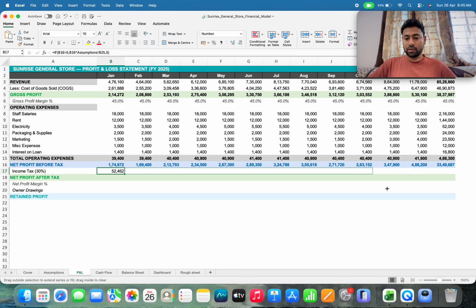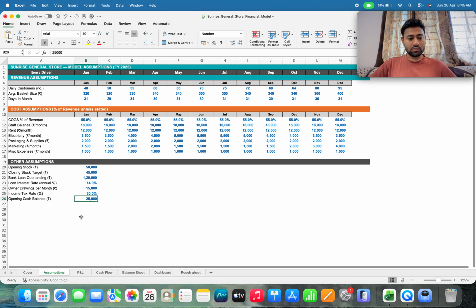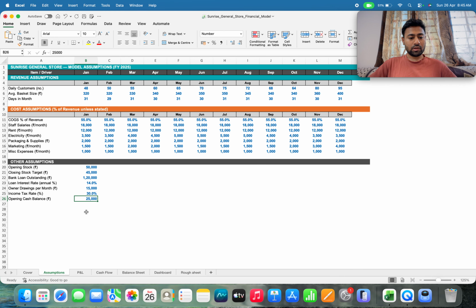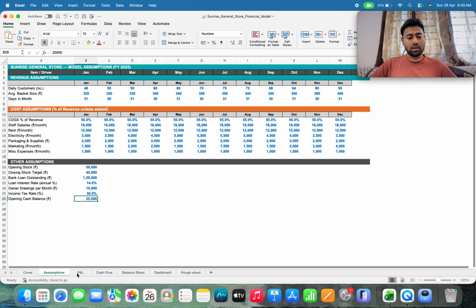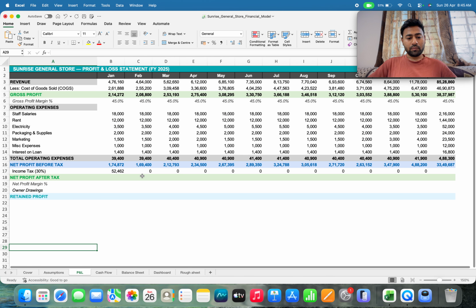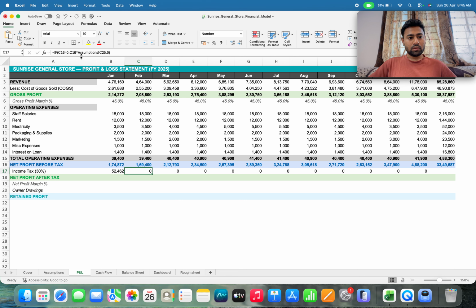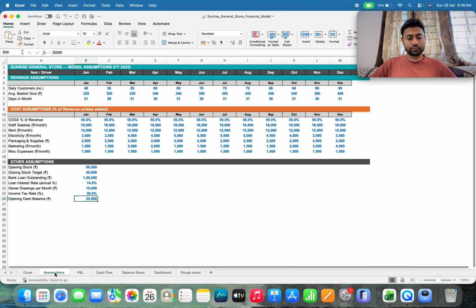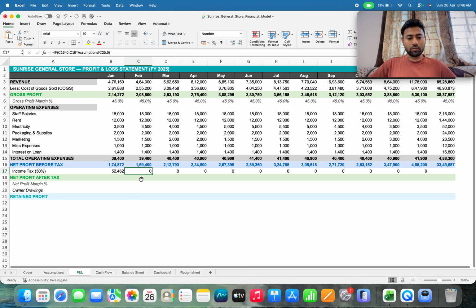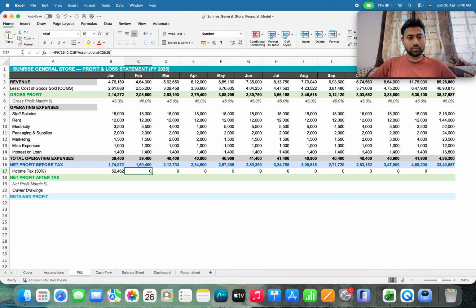We will simply drag it from here. Also we can see from the assumption sheet that the tax rate is 30%. The same we have put here, 30% from the assumption sheet. Okay, so we got the tax amount.